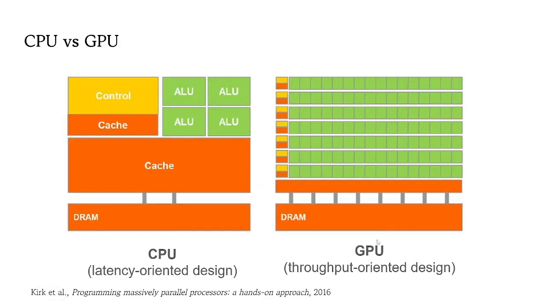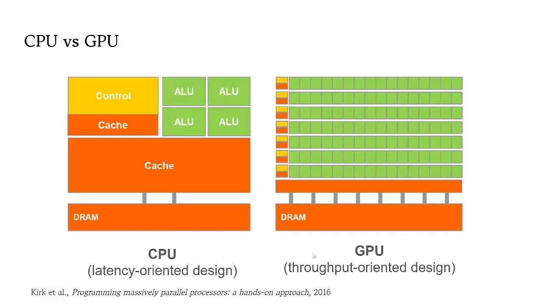When seeing the CPU and the GPU, the elements are really the same. There's control, there's ALU, there's cache, there's DRAM, there's memory connections, but it's in how complex these individual components are and how much emphasis in terms of chip area and power was given to these individual components that really determine the differences in the CPU and GPU architecture.